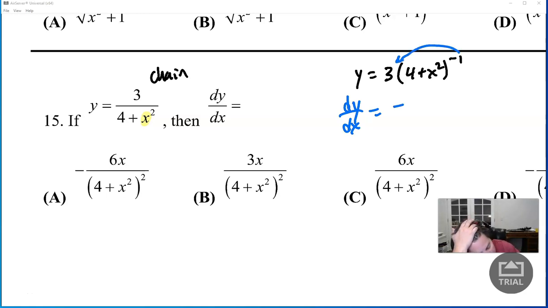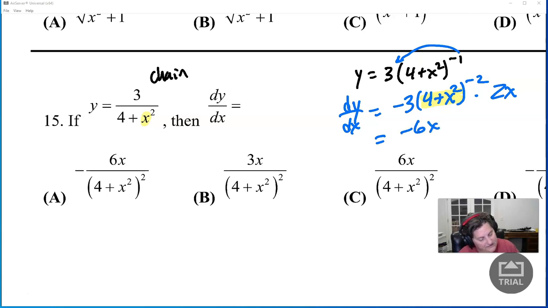All right, negative 3, 4 plus x squared to the negative 2. So do the derivative of the outside, leave the inside the same. And then derivative of the inside. Okay, the derivative of 4 plus x squared is 2x. Okay, so I'm going to combine those.